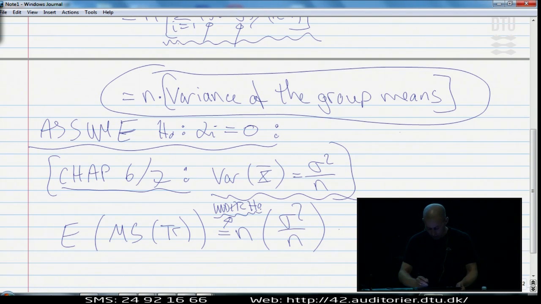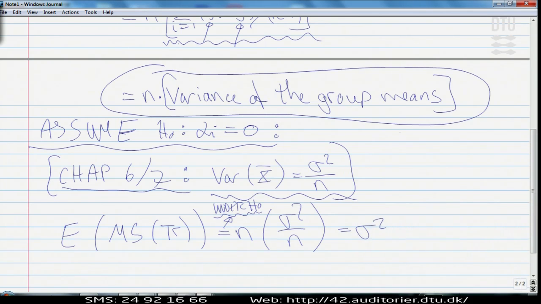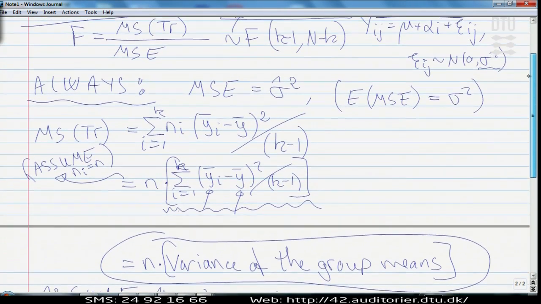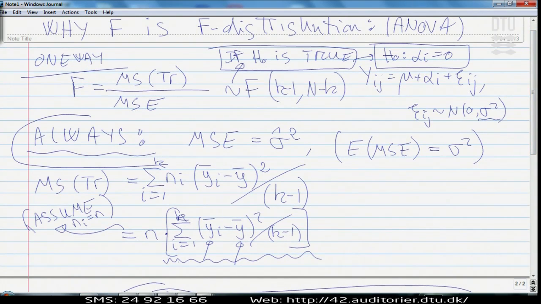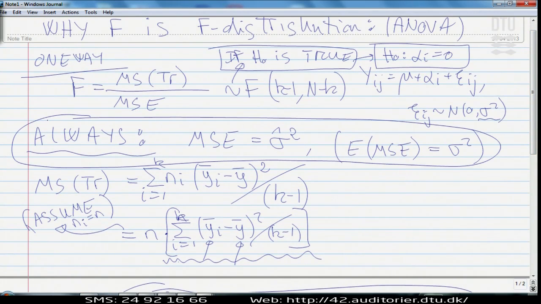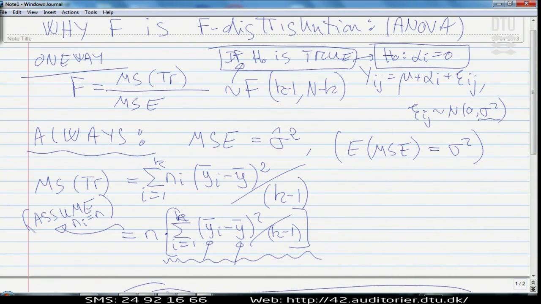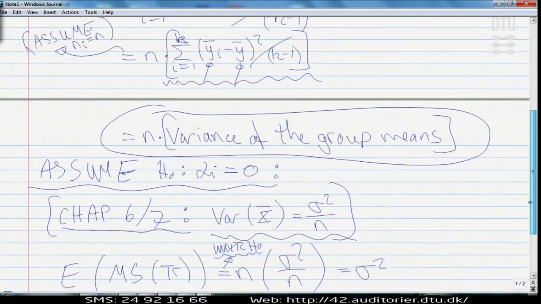So altogether, I should emphasize under the null, otherwise this breaks down, the MS treatment should also, on average, express just sigma squared, exactly as the denominator of the F. So both the numerator and the denominator under the null should be sigma squared.